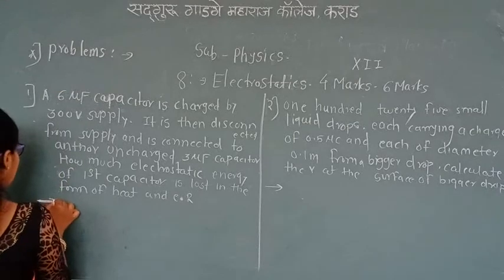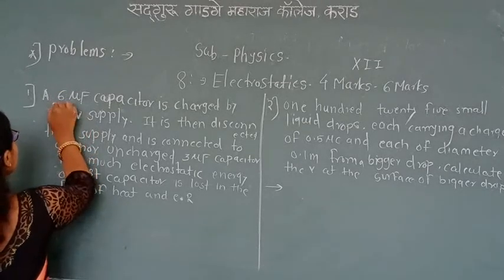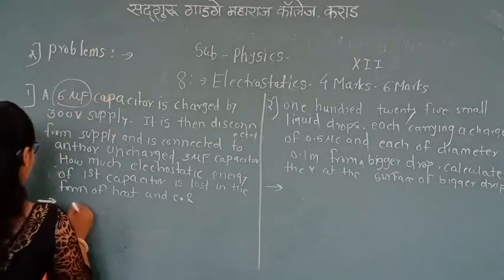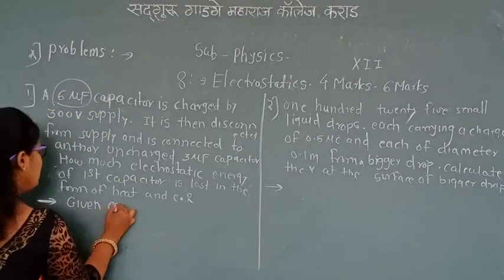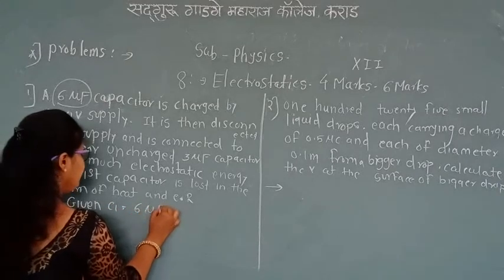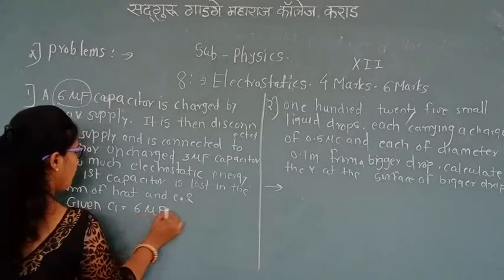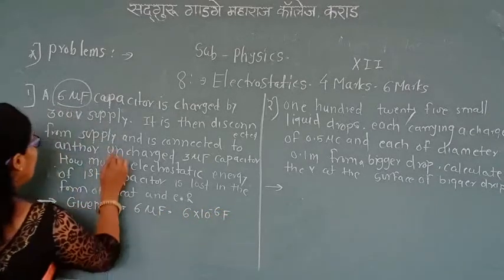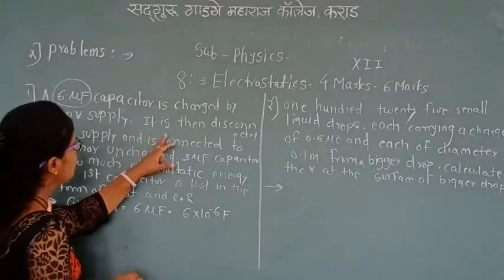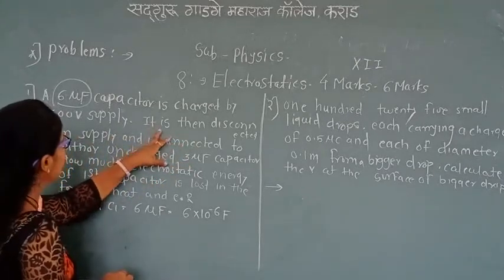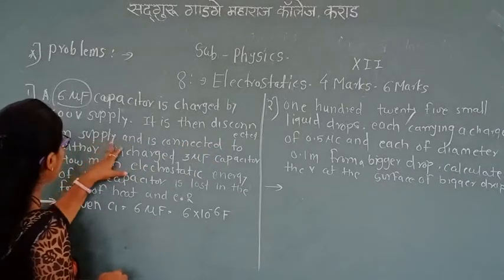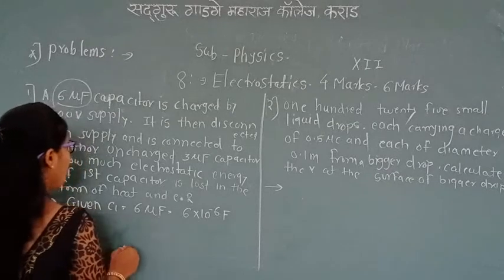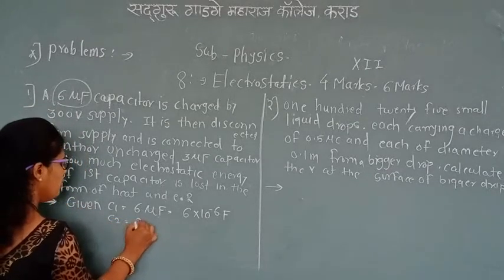For solving the example, we have to know what the given values are. Here, C1 is equal to 6 microfarad. We have to convert the microfarad into Farad, 10 raised to minus 6 Farad. Another capacitor is also given here: it is then disconnected from the supply and connected to another uncharged 3 microfarad capacitor, and so C2 is also given here.